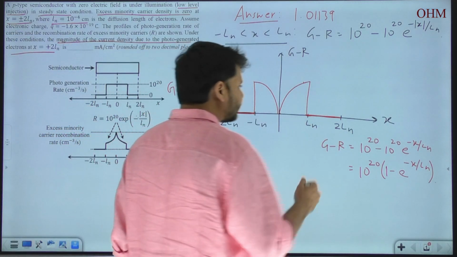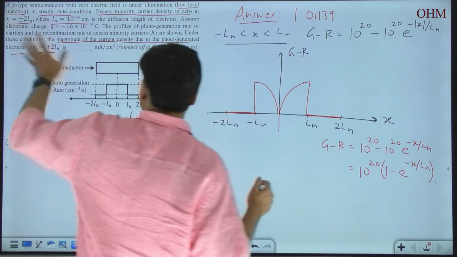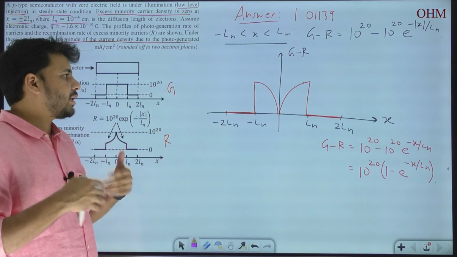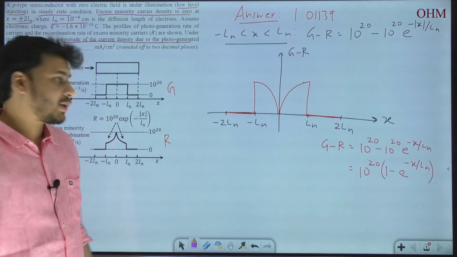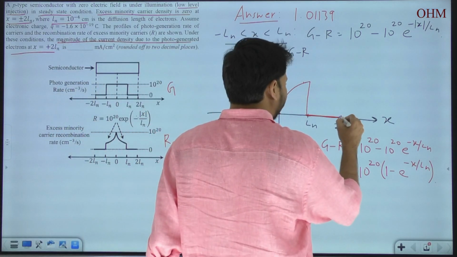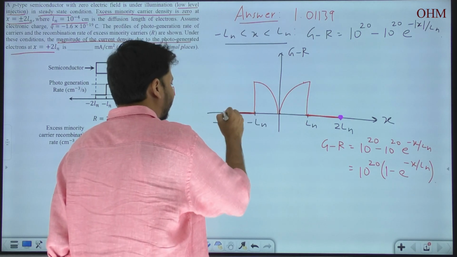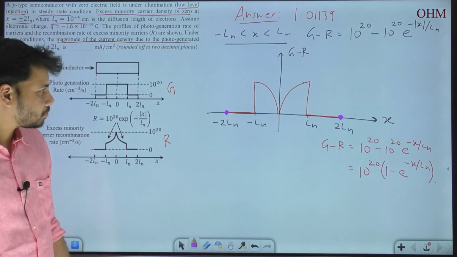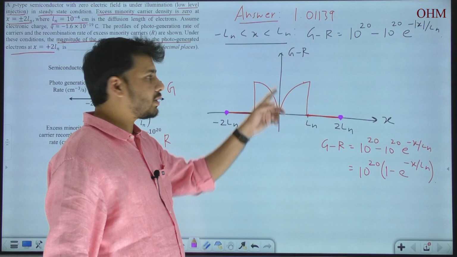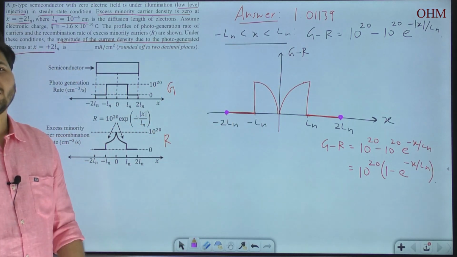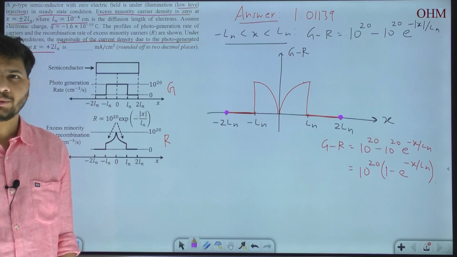To start with, what is given in the question is that at both the ends of the semiconductor, the excess minority carrier concentration is 0. So at x equal to 2ln, it is 0. At x equal to minus 2ln as well, it is 0. So this red color is for G minus R. Pink color is for how the excess minority carrier concentration varies with distance.